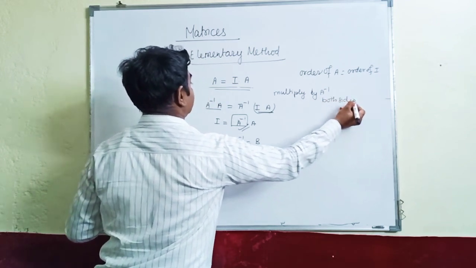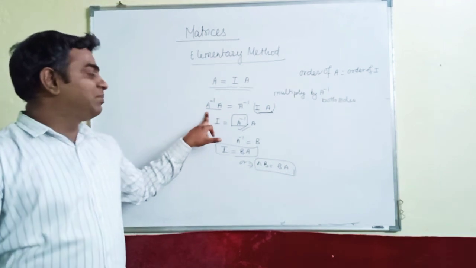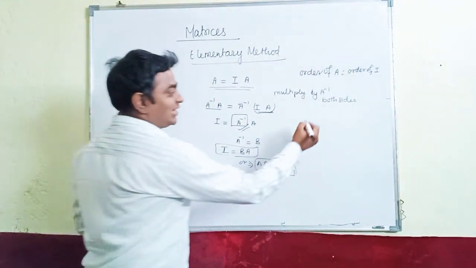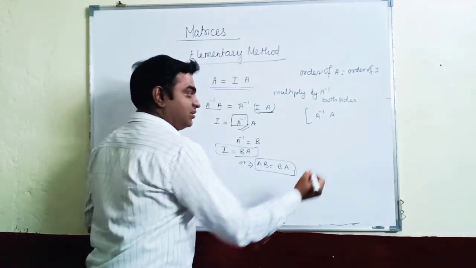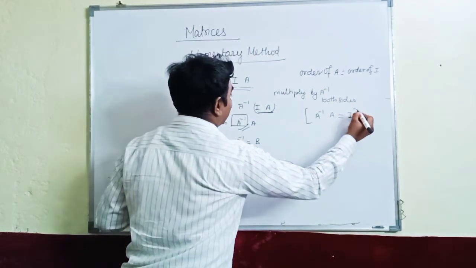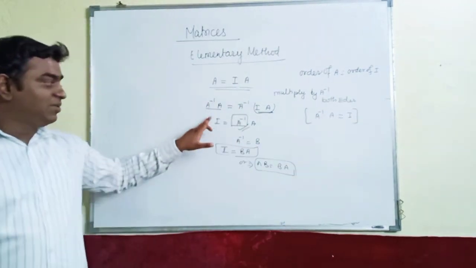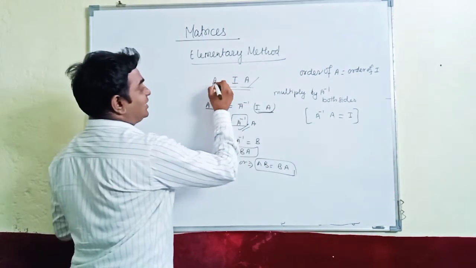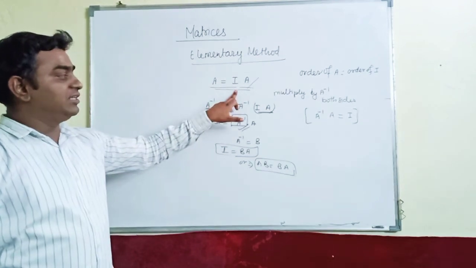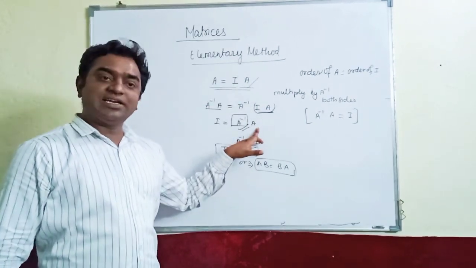Next step, A inverse is multiplied with this, and A inverse when multiplied with A becomes the identity matrix. I told you earlier A equals I into A is already mentioned, so here you will write A only.